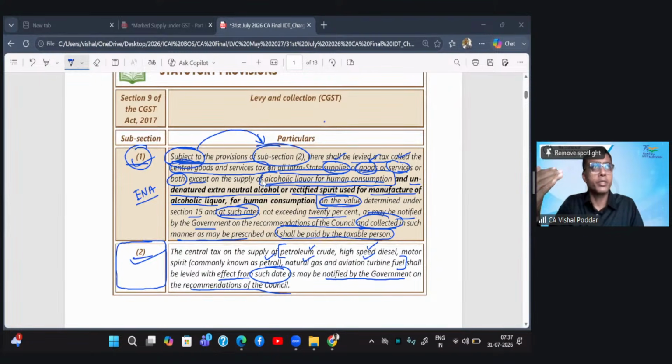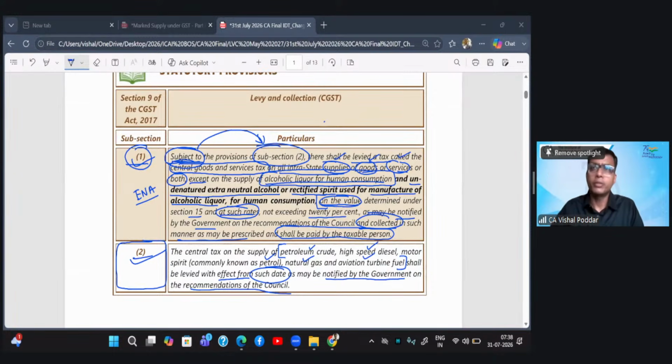So what does the constitution say about GST? It says GST is a tax on supply of goods or services except liquor for human consumption. So what is excluded by the constitution from GST is only one thing: alcohol for human consumption.